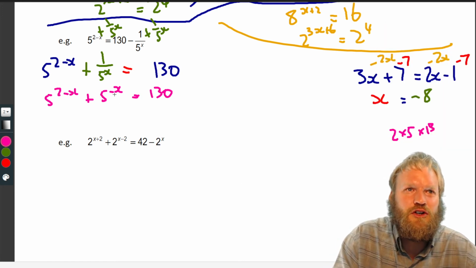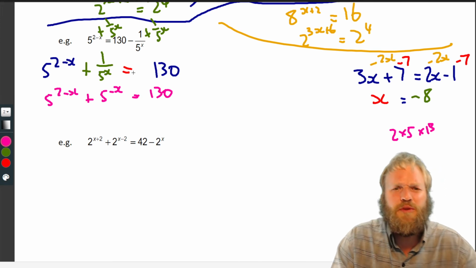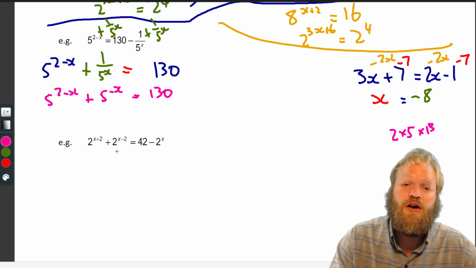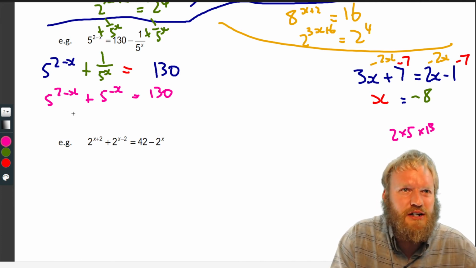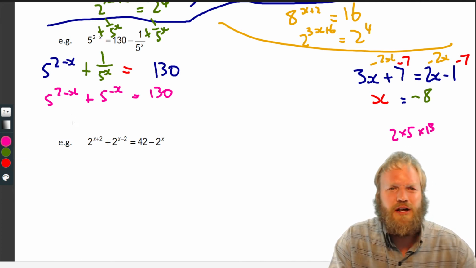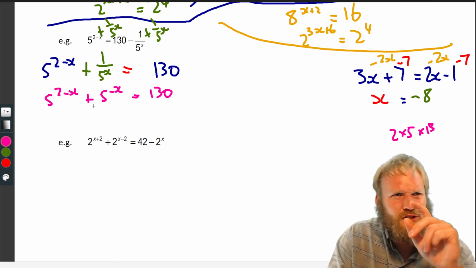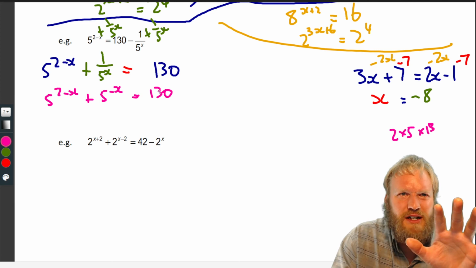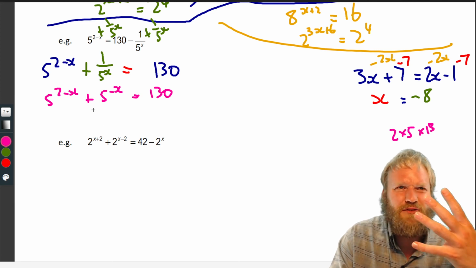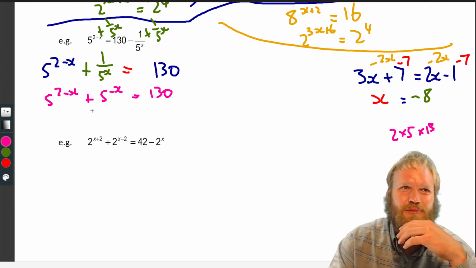Here we've got 2 terms, and it would be useful if we had 1 term. So what are we going to do? Well, split and factorize. Let's actually pause and think about this. We've got 2 terms on the left-hand side, and it would be nice if we had just 5 to the x or something.